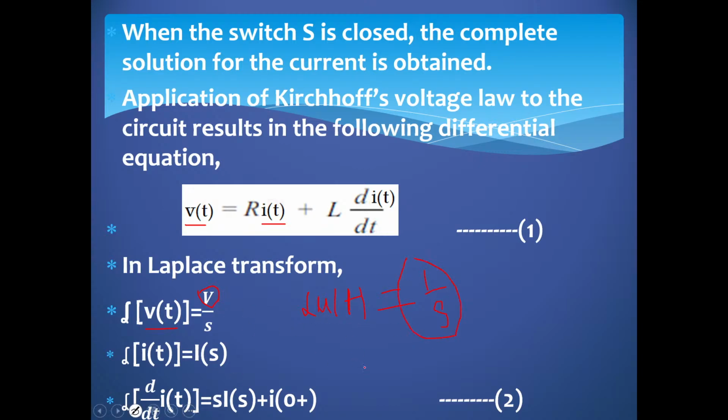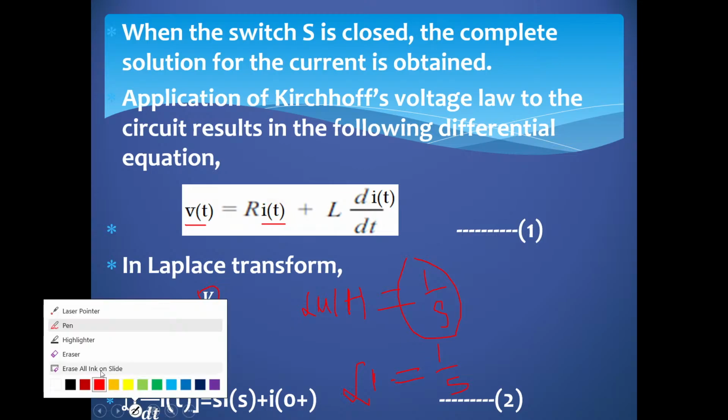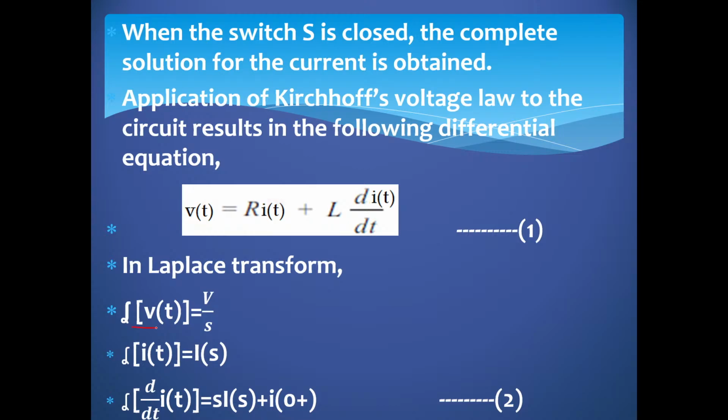And Laplace of 1 is 1 by s. So V into 1 by s is nothing but V by s. So for the source, the Laplace is V by s. Next, I of t is just a variable, so Laplace of I of t is nothing but I of s.